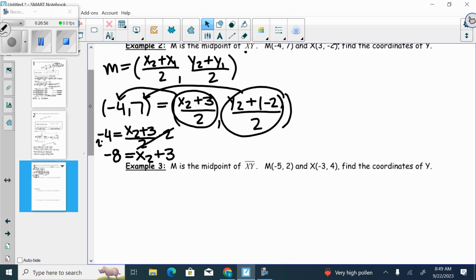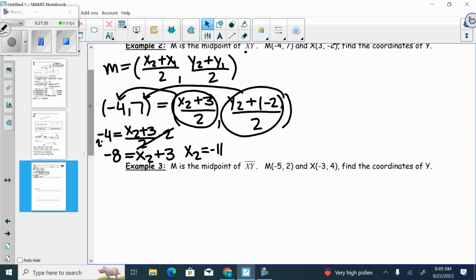Then what would I do? Subtract 3. So what's x2? What is it? -11. All right, and then I would just do the same thing for the y value.